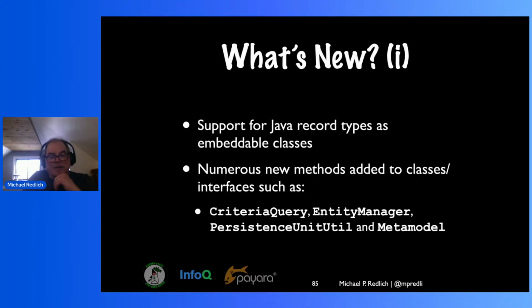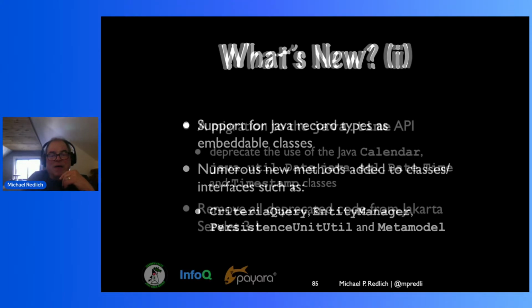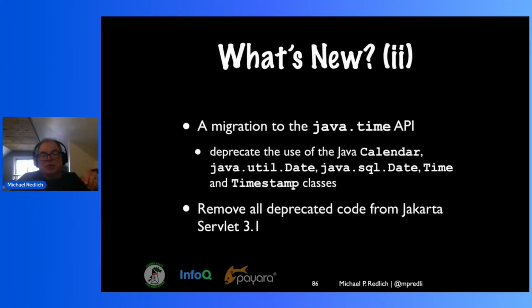And then new methods were added to some of the classes that you can see written right there. And there was a migration to the java.time API. So the spec leads deprecated the use of java.util.Calendar, java.util.Date, and java.sql.Date, and those classes.